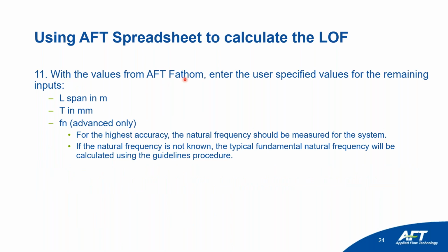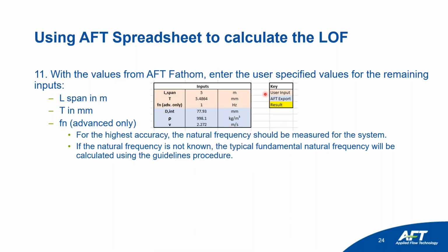With the values AFT Fathom exports, users specify the remaining values of the input. So here, the user has to input the span, the thickness, and if you measure the vibration in the field, then you input the vibration frequency.